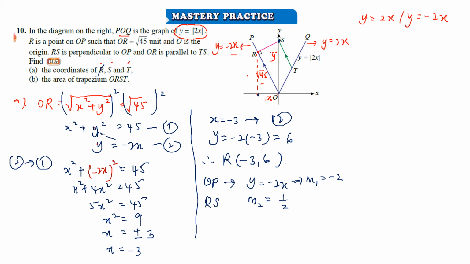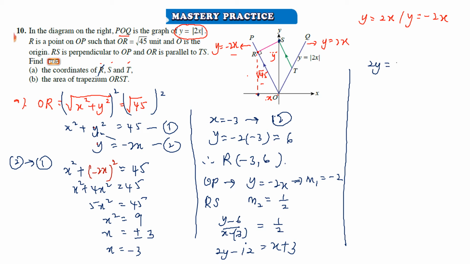Okay, we have the coordinates of R, so y minus 6 over x minus negative 3 equals 1 over 2. So by cross multiplication, we get 2y minus 12 equals x plus 3. So 2y equals x, bringing this one over, plus 15. Okay, so this is the equation of RS.